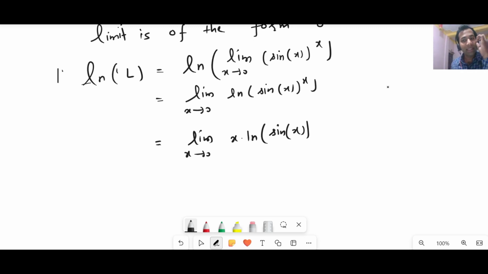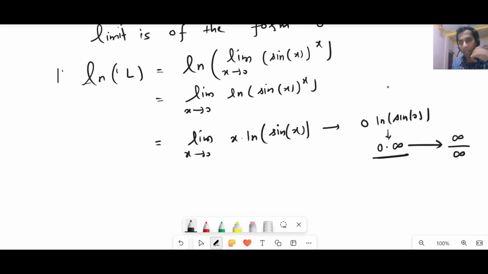Again, we have to put the limit here. It will give 0 times log of sine of 0, so it will give 0 times infinity. Now we need to convert this form to infinity upon infinity.